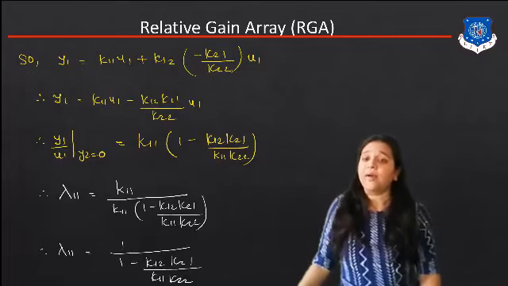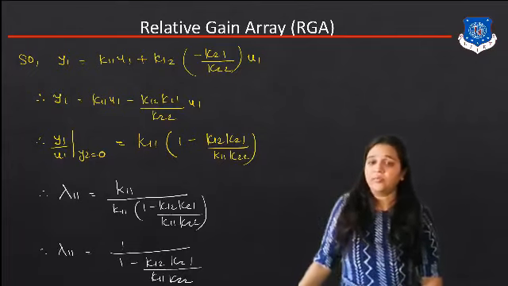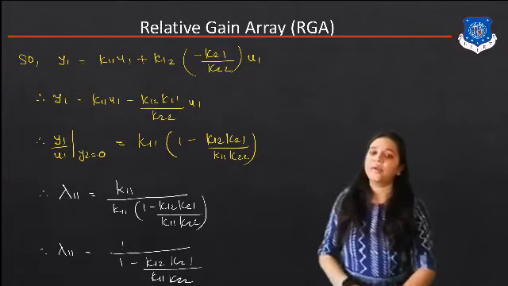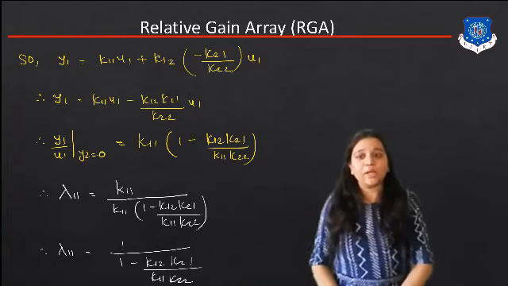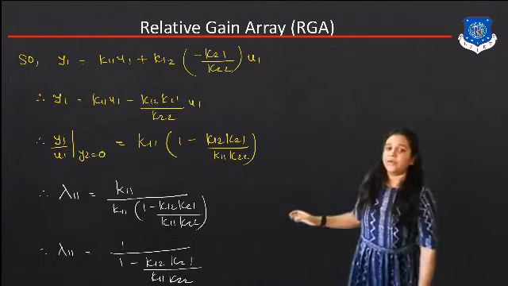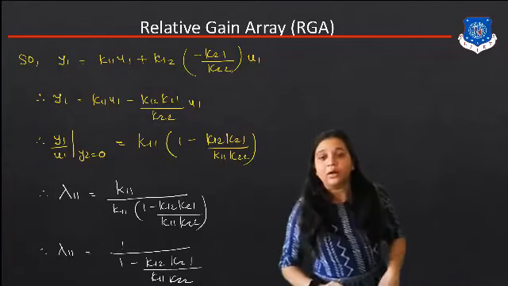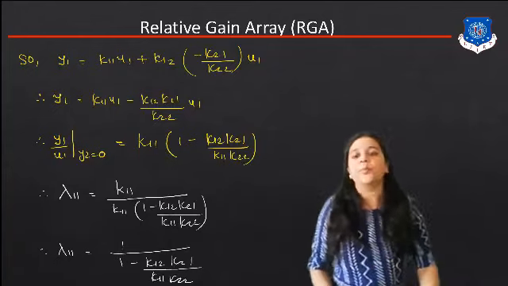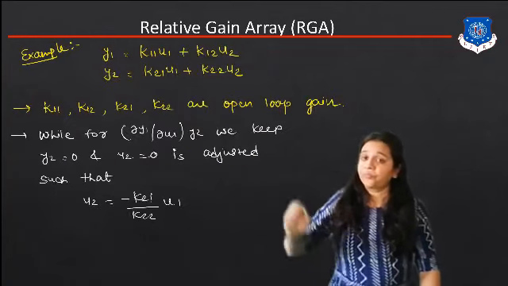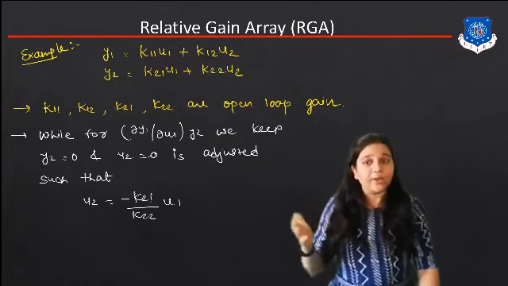So lambda 11 is equal to k11 upon k11 into bracket 1 minus k12 k21 upon k11 k22. So lambda 11 is equal to 1 upon 1 minus k12 k21 upon k11 k22.